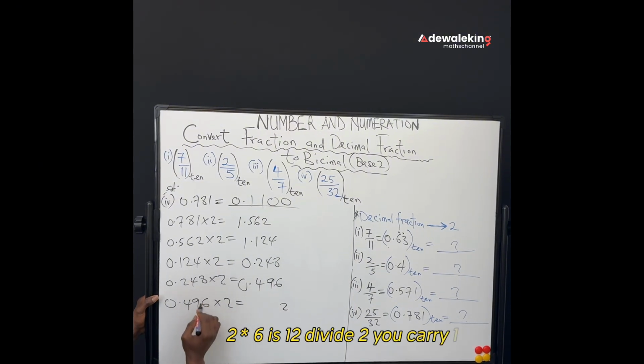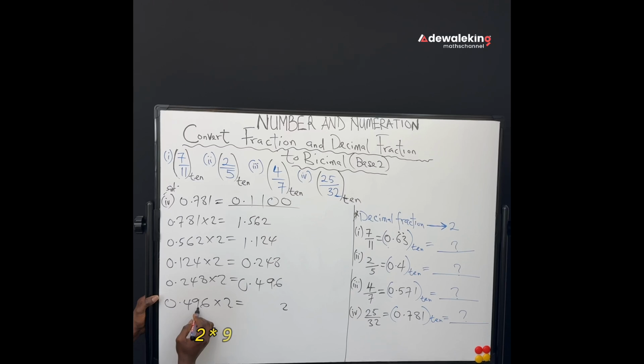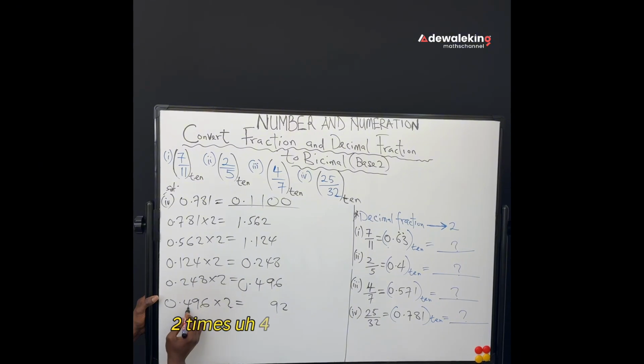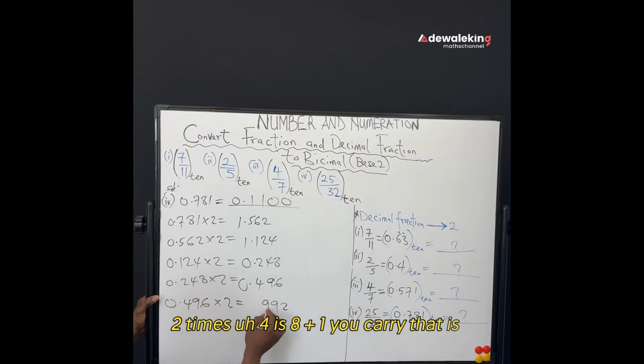You write 2, you carry 1. 2 times 9 is 18, plus 1 is 19. You write 9, you carry 1. 2 times 4 is 8, plus 1 you carry, that is 9. So you have another 0.